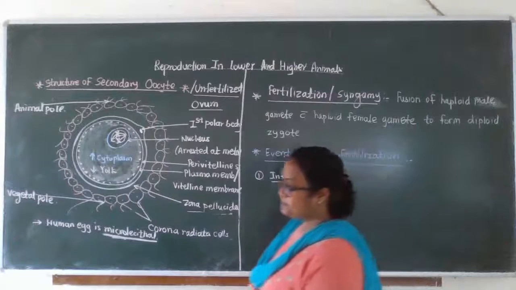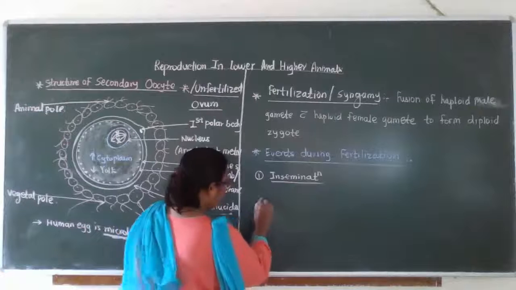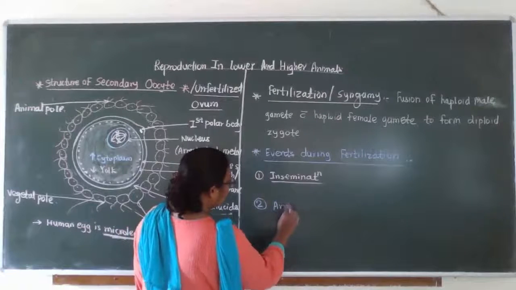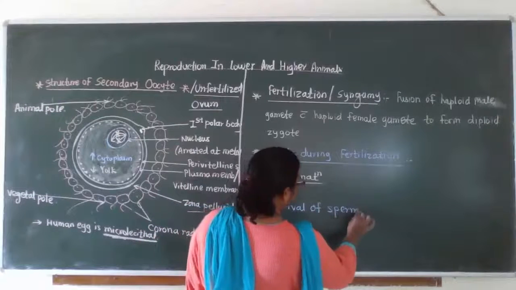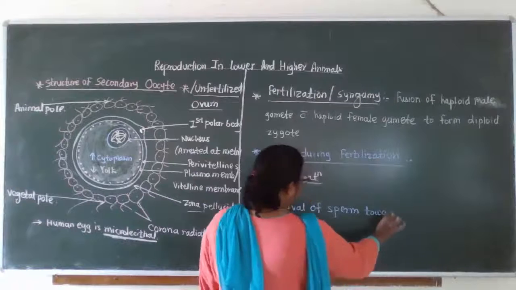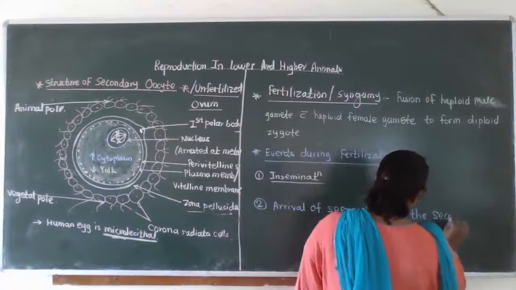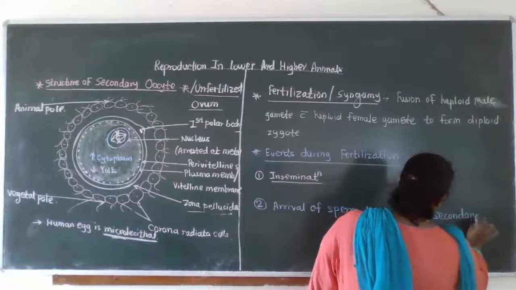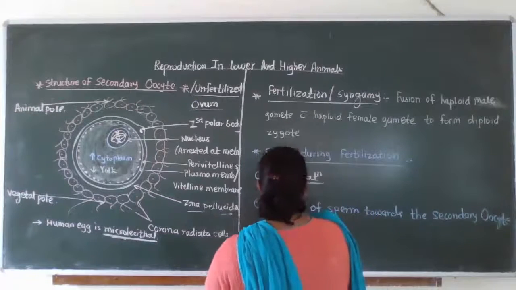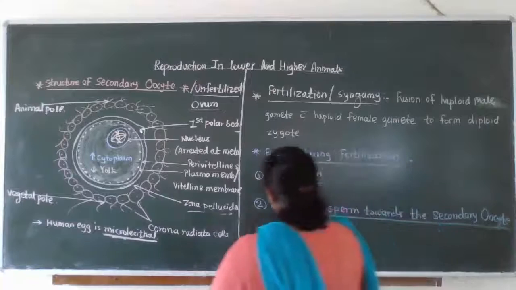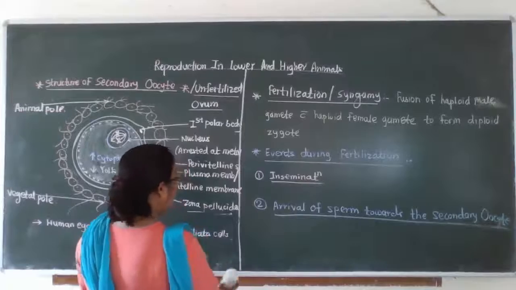Then the next part is the arrival of sperm towards the ovum, towards the secondary oocyte, to be more precise, rather than the unfertilized ovum, right? So, arrival of sperm.